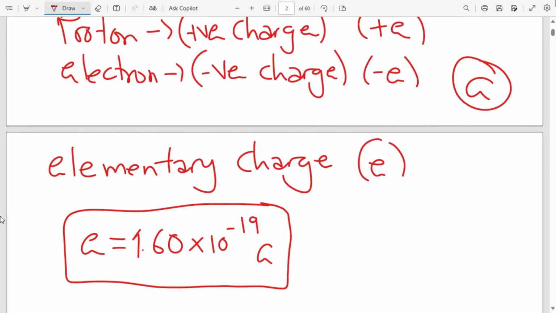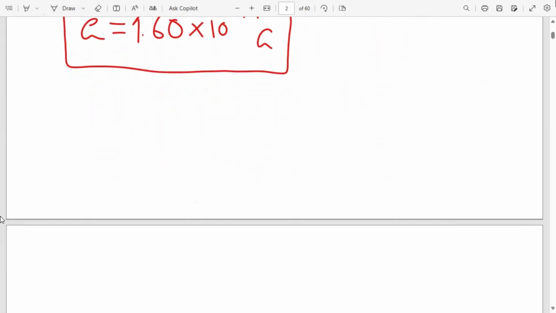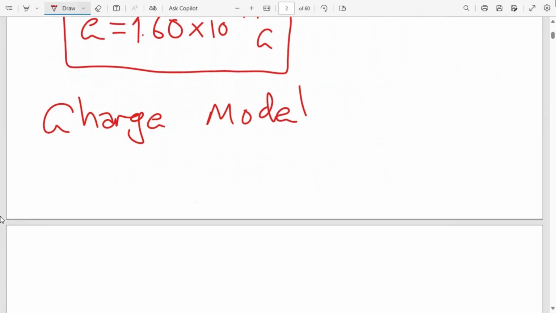So there are some simple rules that we're supposed to remember, following what we call the charge model. Let me just write it down here. And this model basically gives some simple rules that we are supposed to follow when we are describing charges, or when you're talking about charges.